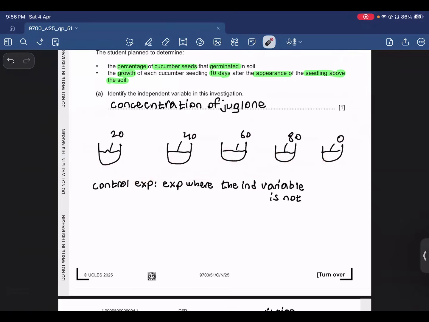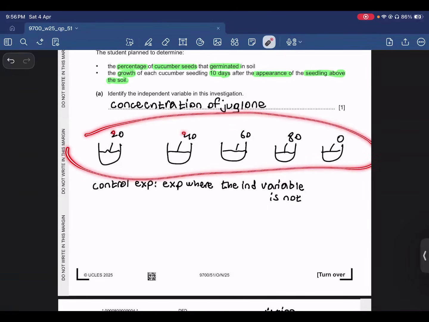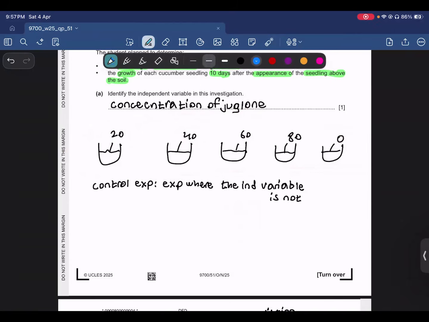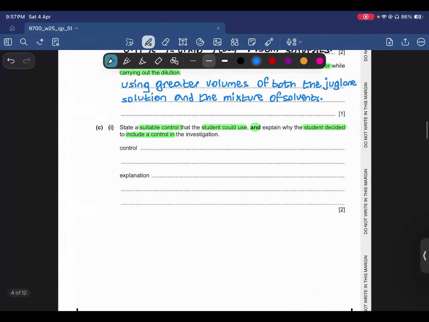The concentration of juglone. नहीं नहीं, नॉट इन आवर क्वेश्चन. ये जो एग्जांपल हमने किया था जहाँ टेम्परेचर ऑफ वाटर को हम देख रहे थे, एक को 20 डिग्रीज, एक को 40, we were changing the temperature. तो कंट्रोल एक्सपेरिमेंट या कंट्रोल सोल्यूशन हमारा ऐसा होगा जिसमें कोई पानी ही ना हो, ताकि कोई टेम्परेचर जो इंडिपेंडेंट वेरिएबल था उसकी कोई बात ही ना हो. तो इसलिए वी सेड कि नो वाटर एंड ओनली द ब्लू डाई इज गोना बी आवर कंट्रोल एक्सपेरिमेंट. सो कंट्रोल एक्सपेरिमेंट इज एन एक्सपेरिमेंट वेयर द इंडिपेंडेंट वेरिएबल इज नॉट प्रेजेंट. सो यू आर राइट, एक ऐसा हमें सोल्यूशन बनाना है विथ नो जगलोन प्रेजेंट.